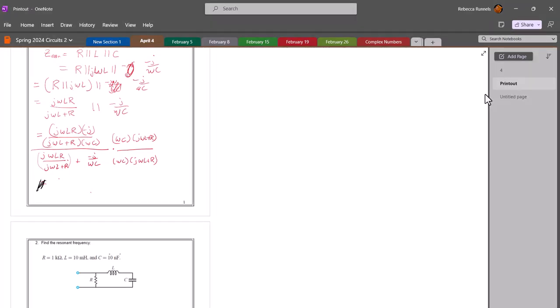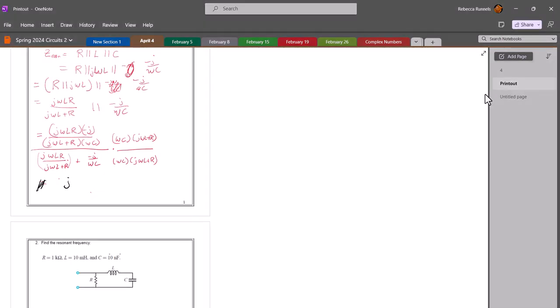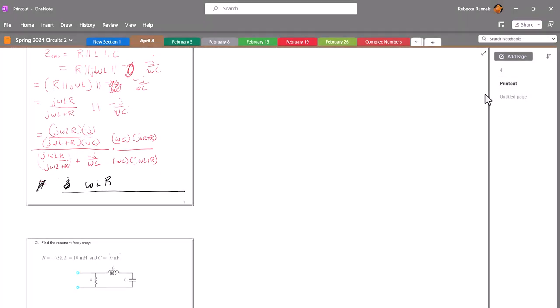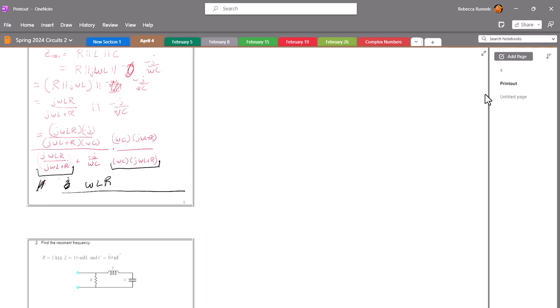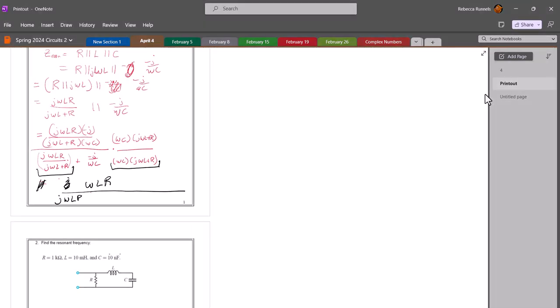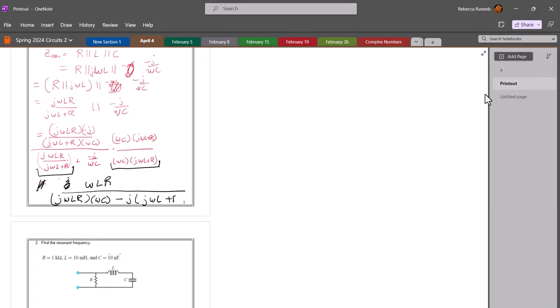I'm multiplying through the denominator, so in the numerator the denominators cancel, and j times j is minus 1, but it's minus j squared, so that becomes plus 1, omega L R. And then when I multiply this term by this one, the j omega L plus R term cancels, and I have j omega L R times omega C minus j, and with this one the omega C term cancels, and I'll have times j omega L plus R.